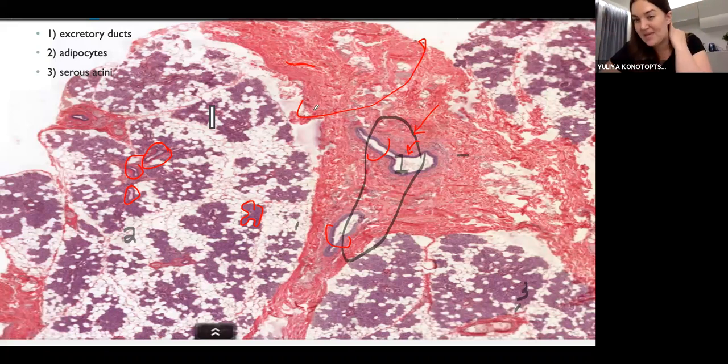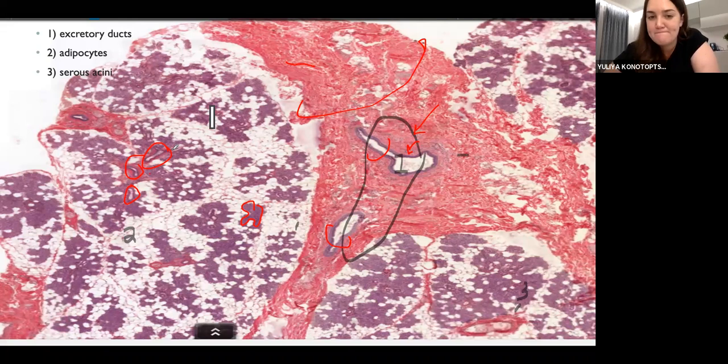So this big connective tissue septa will be home to the excretory duct. Which one specifically? Interlobular excretory duct. What about those ones? There's just a little bit of connective tissue, so they are actually within the lobule. So they are intralobular excretory ducts.